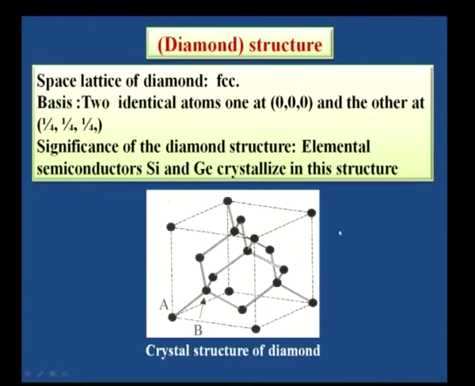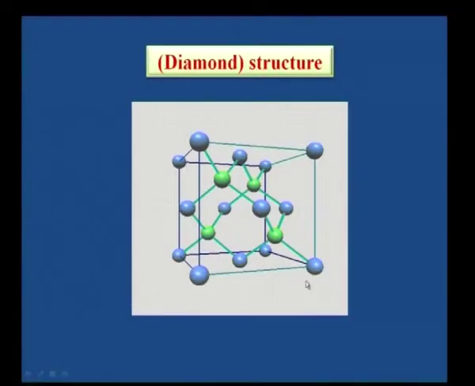The diamond structure looks like this, but we want to calculate the atomic packing factor as we have done for simple cubic and body centered cubic. Obviously, this also looks very cramped, with a lot of atoms. So let us see how much the packing density is. One normally expects a higher packing fraction. Let us see what happens to the packing fraction.